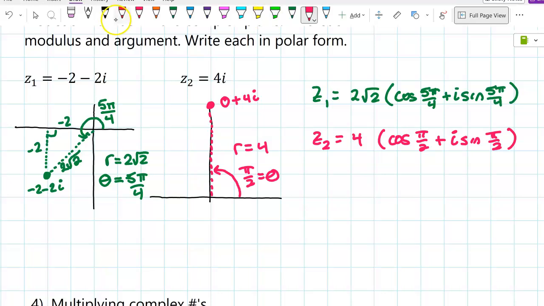And it's sort of silly to do this, except that we're going to need it later. You'll notice that cosine pi over 2 is just 0, and sine pi over 2 is just 1. So if we multiply the 4 in, we really do get i times 4, or 4i. So that's kind of how that translation back and forth goes.